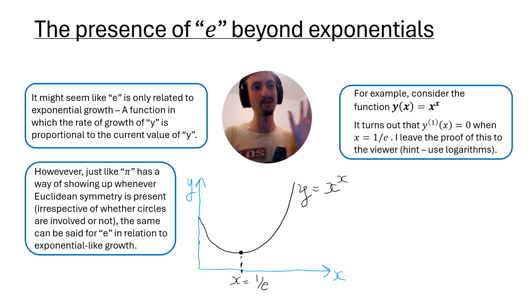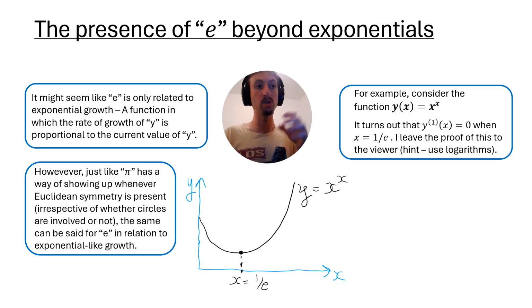So, there is cool stuff regarding the limits of x to the x. But anyway, the thing I want to emphasise is that even though we don't have an exponential function, the Euler constant plays a starring role.